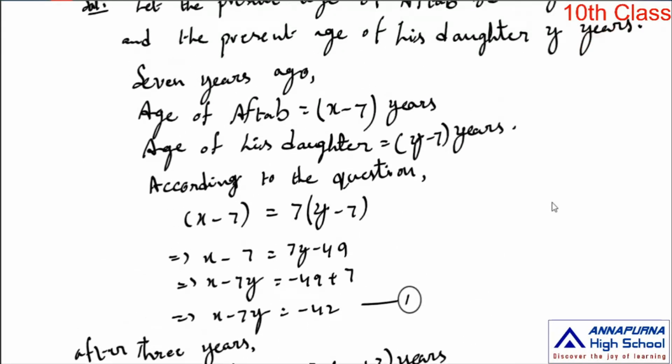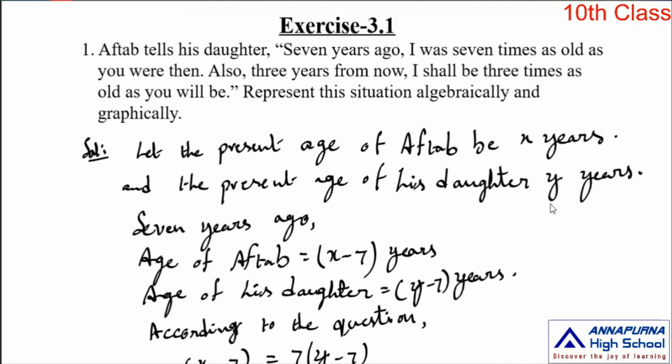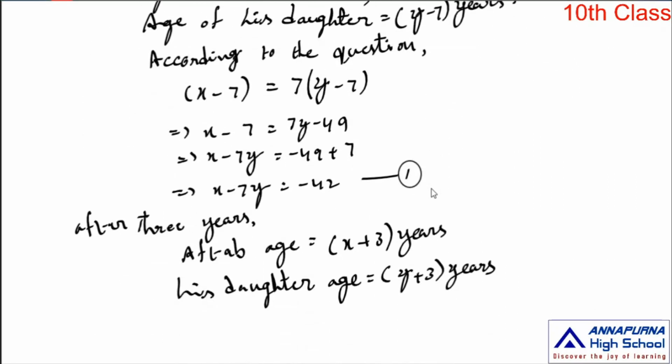Okay, and after 3 years, what is the relation between their ages? I shall be 3 times as old as you. I shall be means Aftab's age is 3 times his daughter's age. So after 3 years, Aftab's age is x plus 3 years and his daughter's is y plus 3 years.